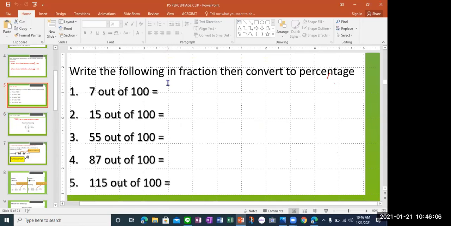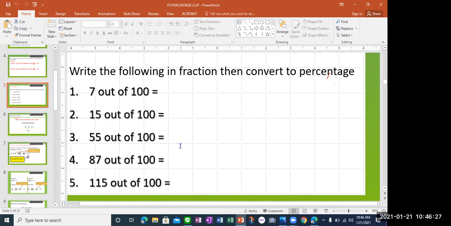So this one is 15. Why 35, if your answer in number 1 is 7? 15, teacher, 15. Yes, very good. That is 15%. Number 1 is 7%.